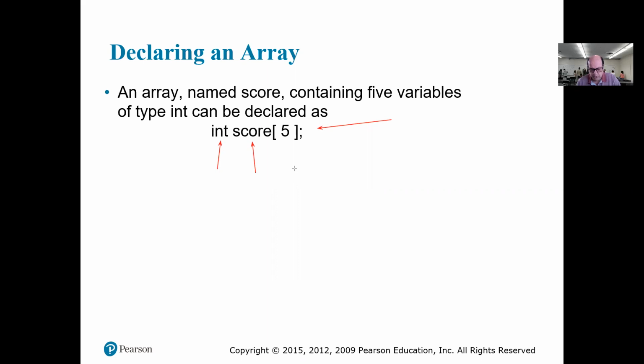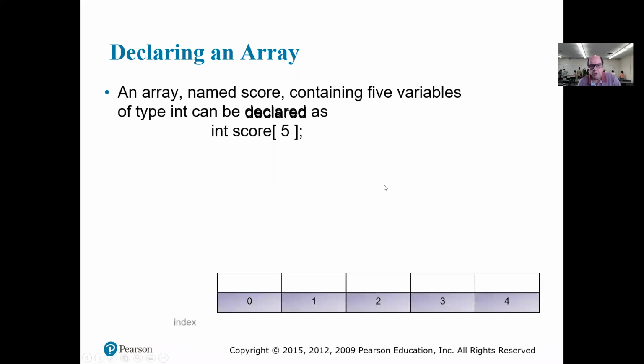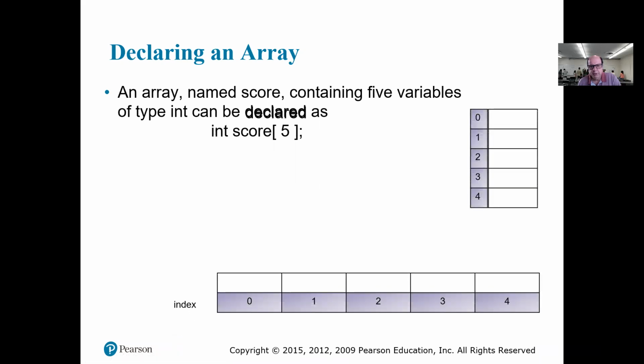I know in this chapter the author uses small characters, but we want to have better names for them. And of course, we put the size in there. So that would be saying I'm creating a list of 5 elements called score, of type integer. That would be the declaration.